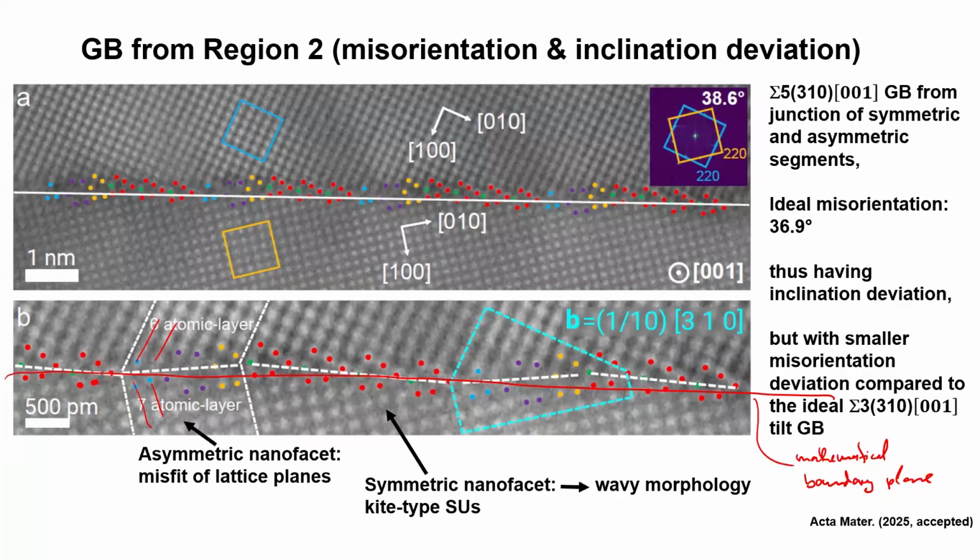These defects here, like a new structural unit, especially in these cases where you have different numbers of atomic layers coming together at the boundary plane, can be called a secondary grain boundary dislocation. It's a dislocation because it connects, in the typical edge dislocation type, a region where different numbers of lattice planes come together, right? There is a half plane inserted, but this is now a half plane of the grain boundary structure.